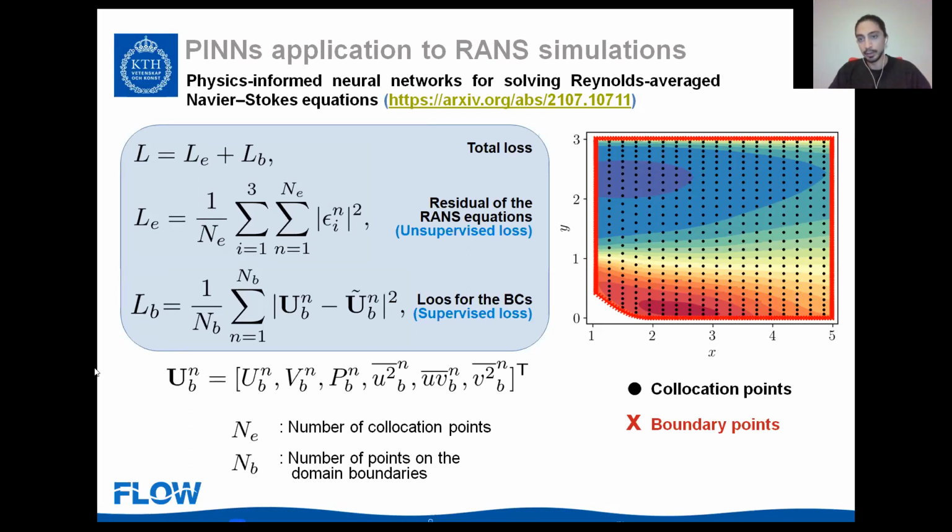So this is the unsupervised part of learning. And we have some data over the boundaries that ends up with the loss function for supervised learning. So N_E is the number of collocation points, and N_B is the number of points on the domain boundaries.